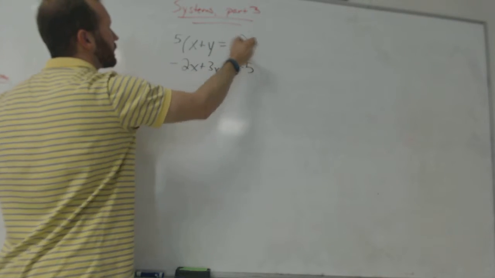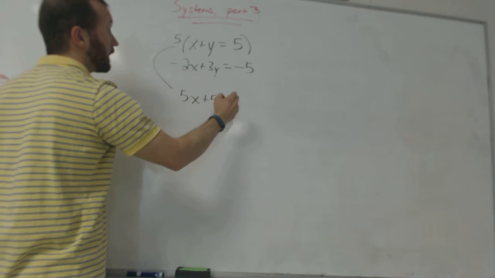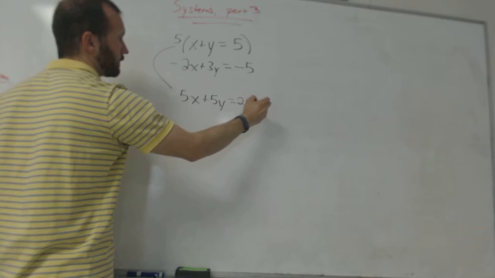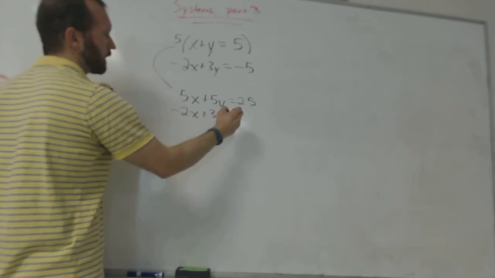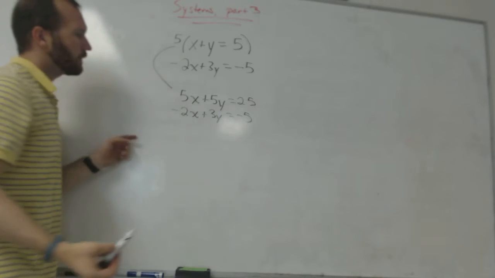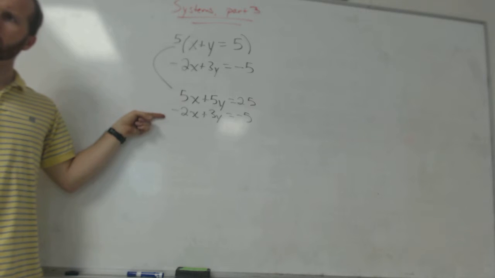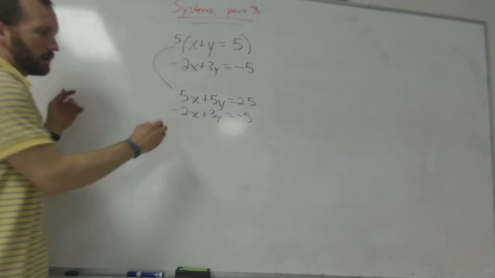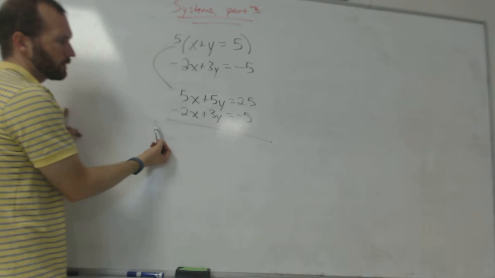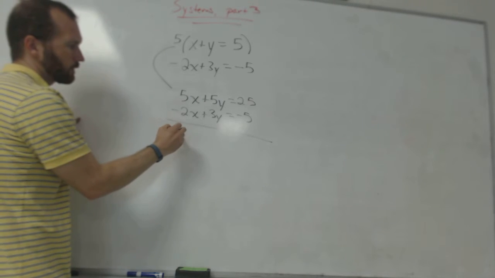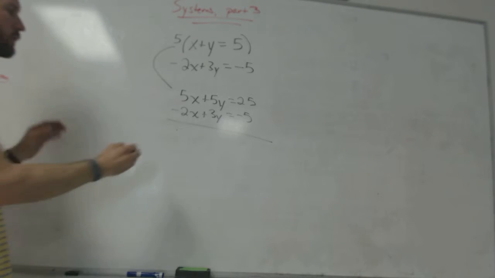5 times this is going to give me 5x plus 5y equals 25. And then down here I have -2x plus 3y equals -5. If I add these together, will something drop out? Let's try it. What's 5x plus -2x? 3x.